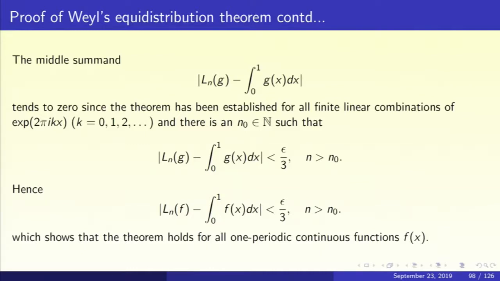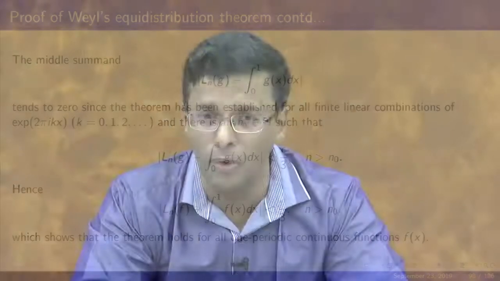And so finally, putting them all together, we conclude that mod ln f minus integral 0 to 1 f x dx is less than epsilon when n is bigger than n naught, which shows that the theorem holds for 1 periodic continuous functions f x. So we have proved the theorem for continuous 1 periodic functions. Now we shall jack it up and prove it for Riemann integrable functions.